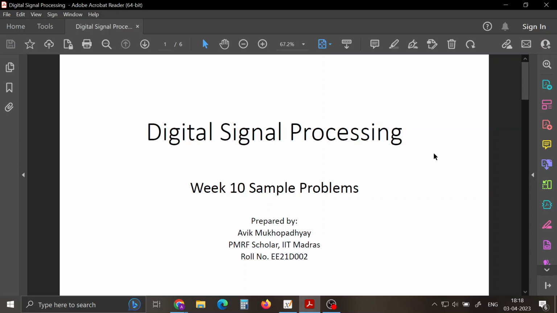Then we saw the relationship between the zeros of linear phase FIR filters, and finally we also derived the explicit formula for the frequency response function for these 4 types of linear phase FIR filters. So let's start with today's session.